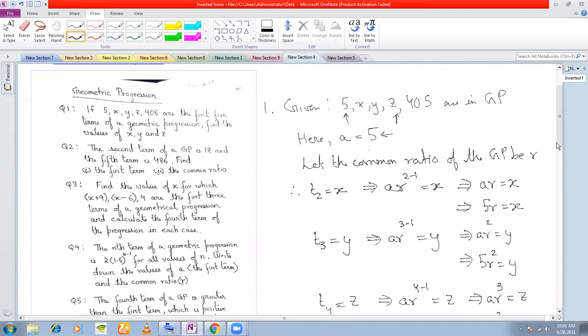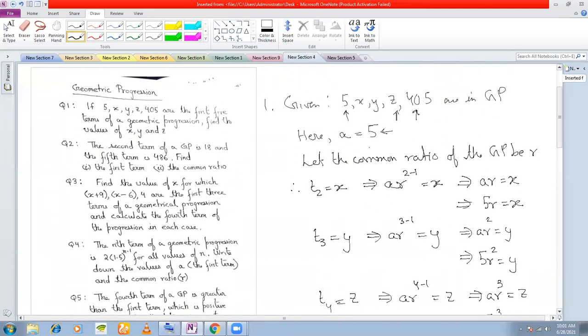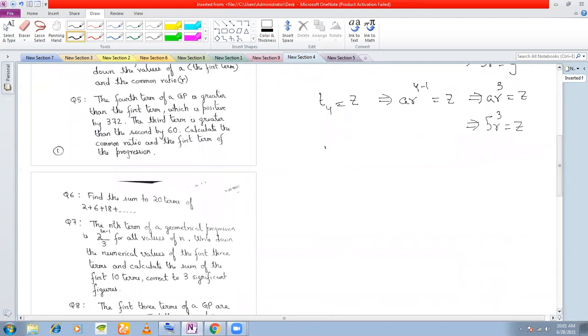And finally, the last term, T5, the fifth term, is 405. That means AR to the power of 5 minus 1 equals 405, so AR to the power of 4 equals 405. Put the value of A here: 5R to the power of 4 is equal to 405.